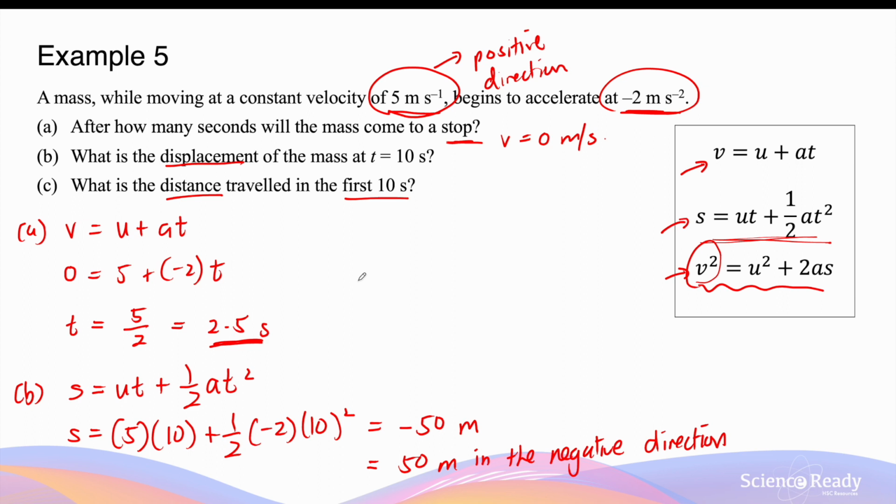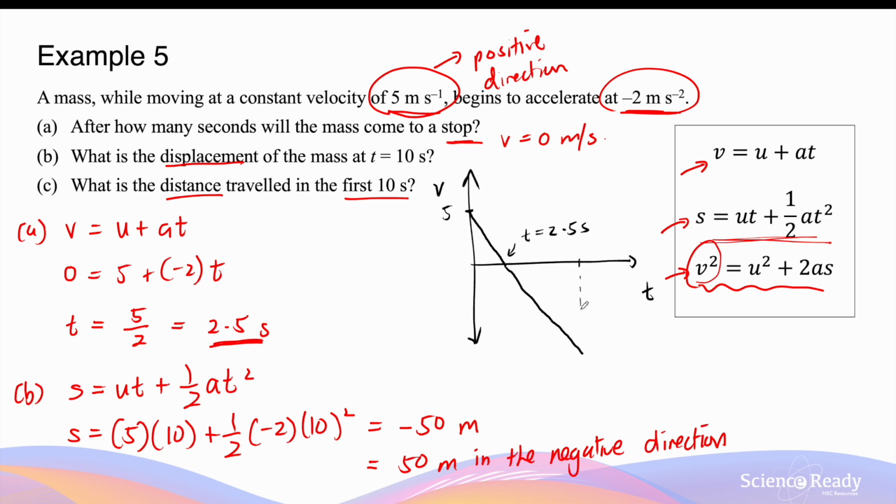So if I quickly draw a velocity versus time graph, initially the velocity is at 5 meters per second, and it takes about 2.5 seconds to reach 0. So this is t equals 2.5 seconds. And due to its negative acceleration, it will continue to decrease in velocity for the remainder of the journey.